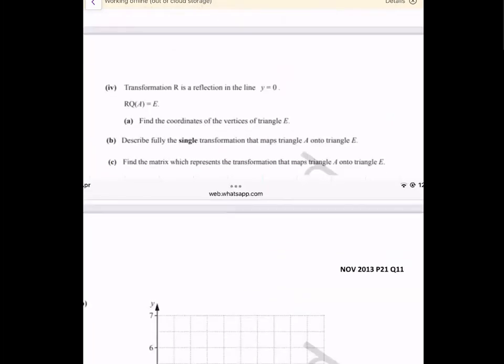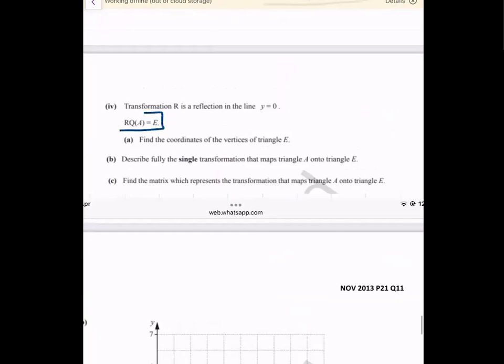Transformation R is a reflection in the line y equals 0. Now, what is meant by this?